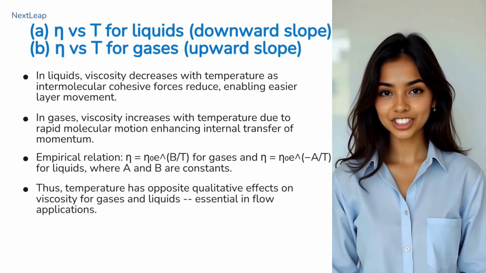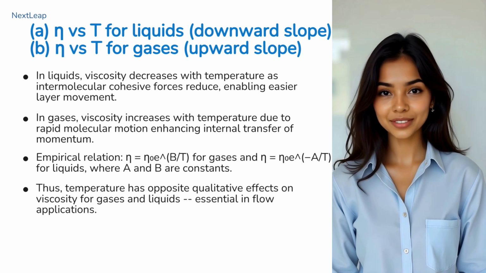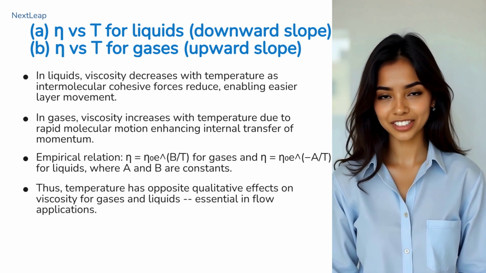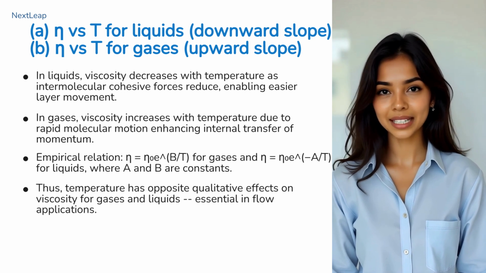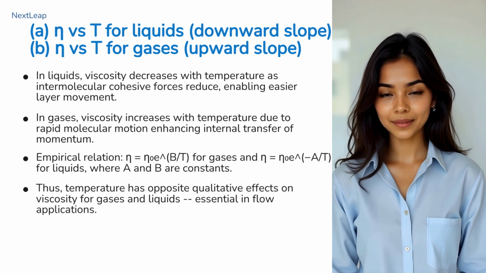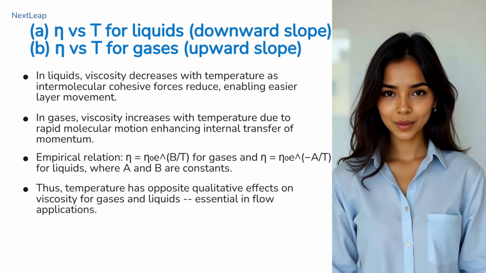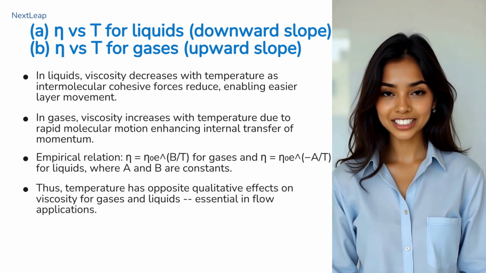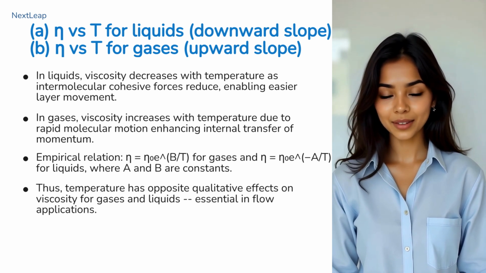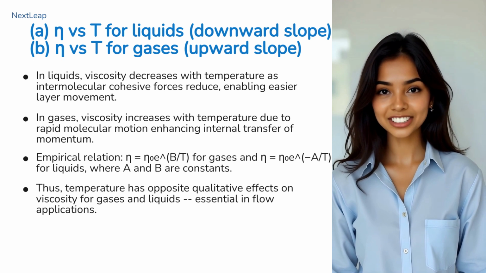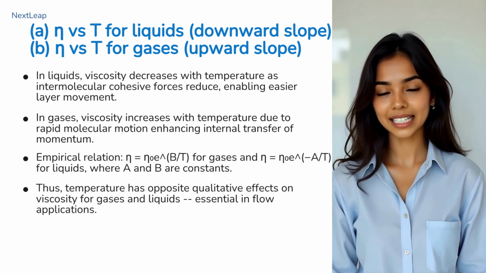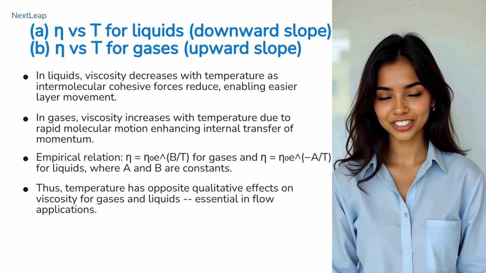We can describe these changes using empirical equations. For gases, viscosity equals a reference viscosity times e to the power of B over T, where B is a constant and T is temperature. For liquids, viscosity follows a similar formula, but with a minus sign in the exponent: eta equals eta 0 times e to the power of negative A over T, with A again a constant.